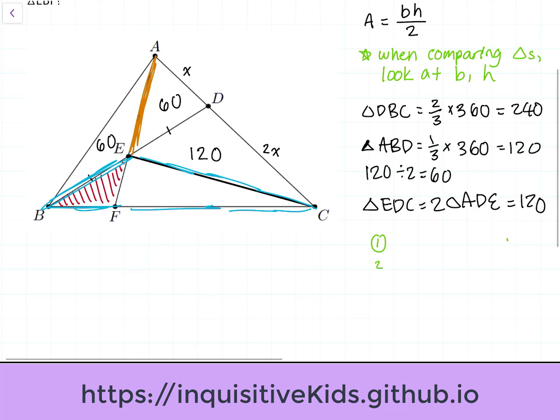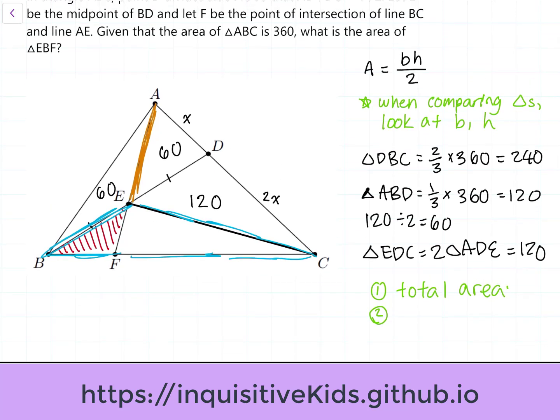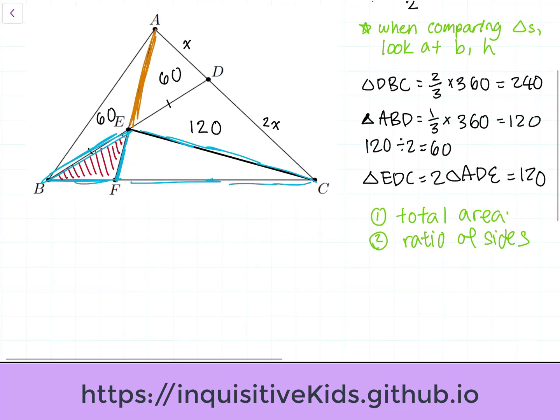And these 2 things were the total area that they put together composed of, and we also knew a ratio, the ratio of sides. Because with the total area, and remember, they all have a shared height, and here we do have a shared height between these 2 smaller triangles, the only thing we need to know is what is the ratio between their 2 bases.